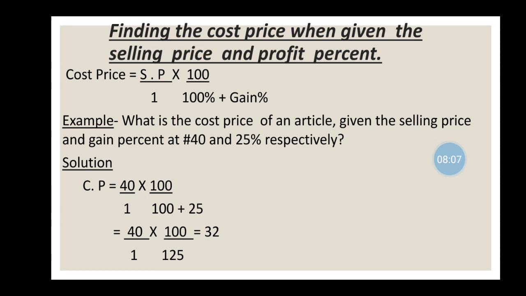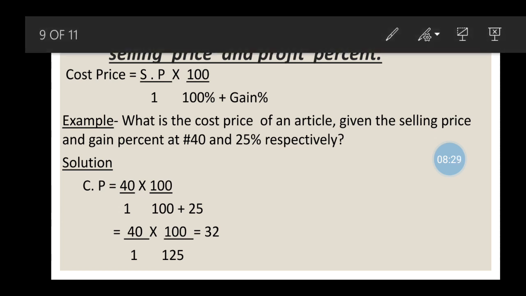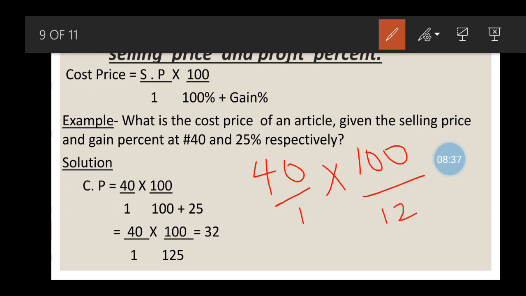Your SP is 40 over 1 times 100, which is constant, over 100% plus your gain percent, which is 25%. So 100 plus 25 will give us 125. Then when you do your calculations, you have 40 over 1 times 100 over 125.